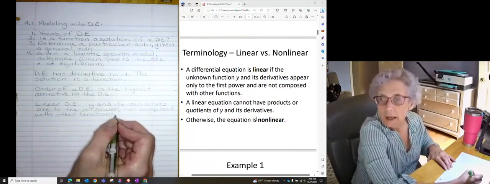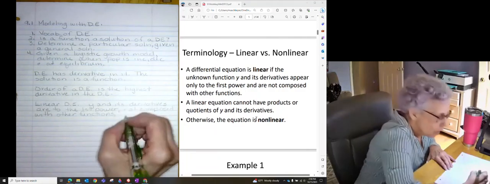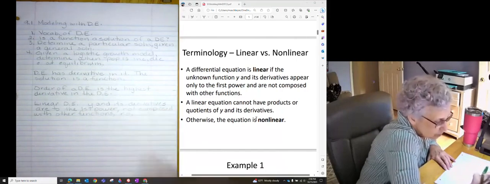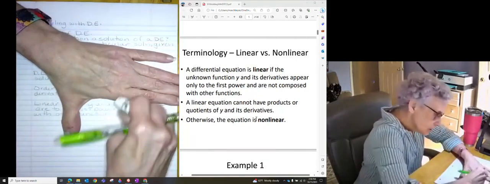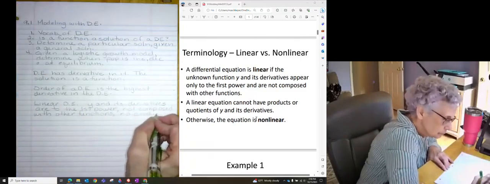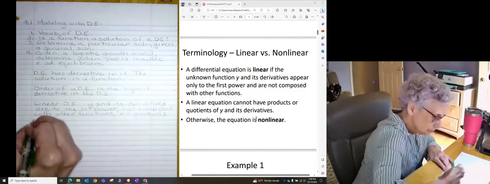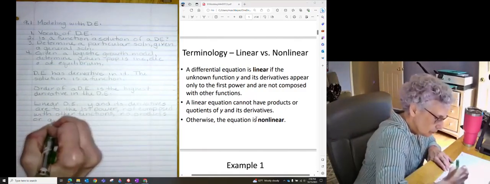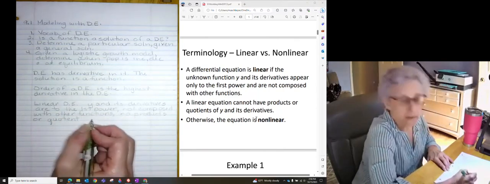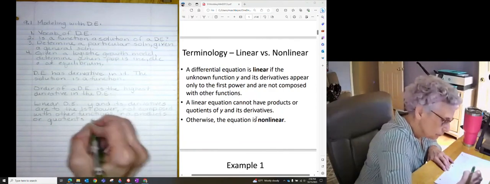And they cannot have products or quotients of y and its derivative. So, no products or quotients. If any of those things happen, then it's a nonlinear differential equation.